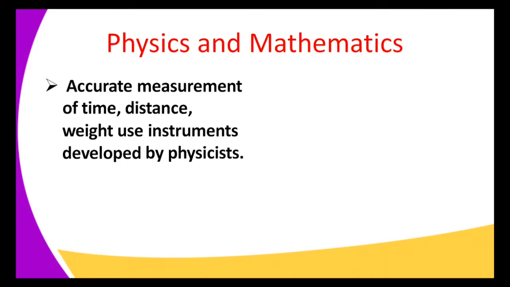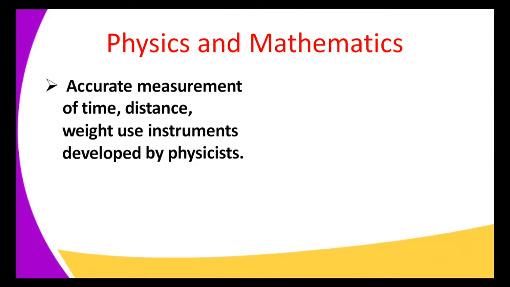So if you want to measure time, you will use a stopwatch, which is developed by physics. If you want to measure distance, you use a meter rule, and the calibration of the meter rule is developed in physics. If you want to measure weight, you will use all those apparatus that have been developed there.